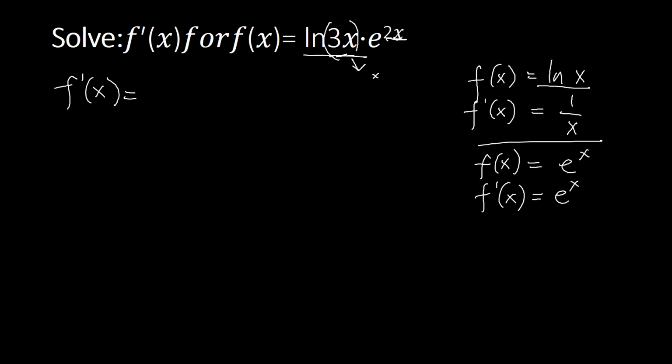So once we do the ln x, then we have our 1 over x there. So our x entirely is the 3x. And then, take note, these are factors. So we first apply our product rule for this.